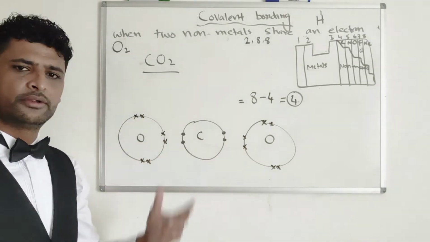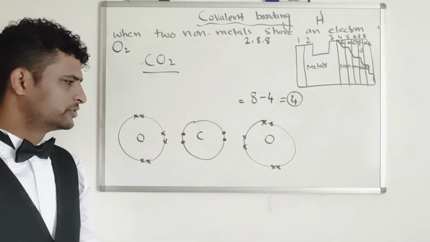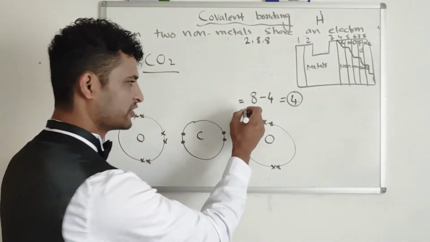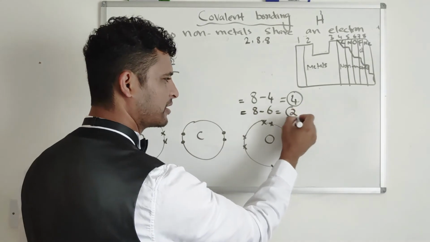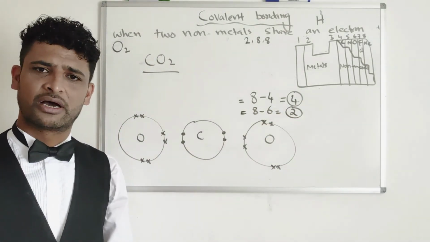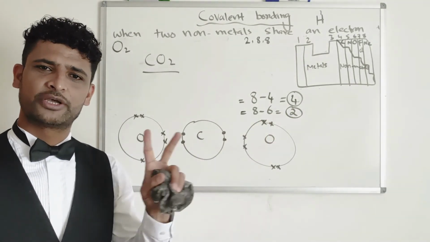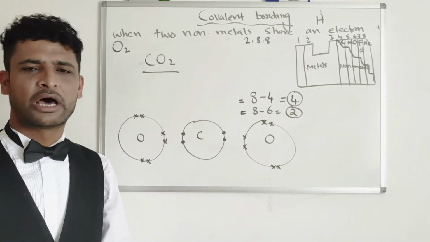These are the normal atoms. Once you draw these 3 atoms, you will see that carbon can make 4 bonds, whereas oxygen, which has got 6 electrons in the outer shell, requires 2 more only, so it will only share 2 of its electrons out of 6.